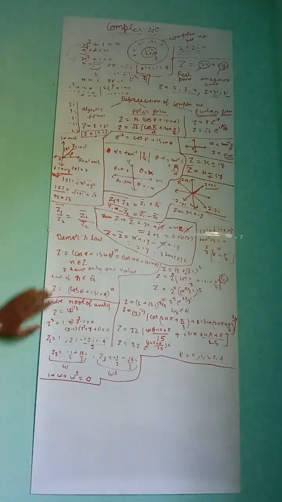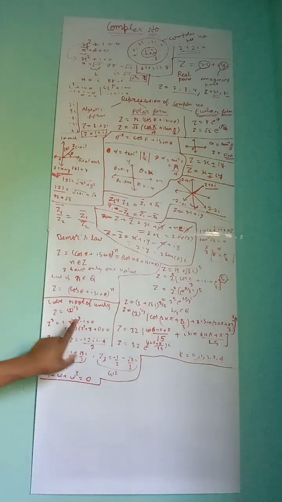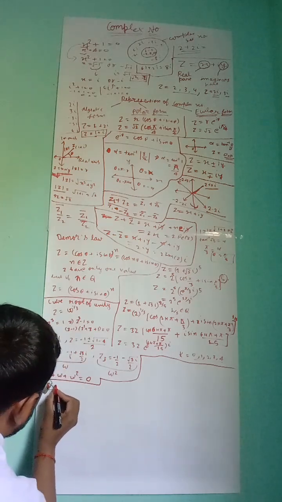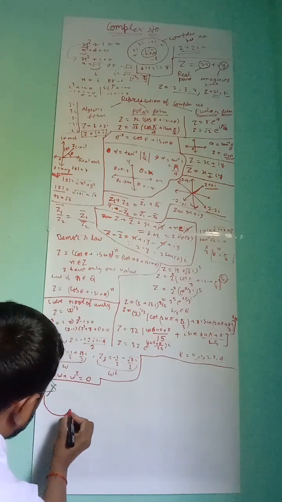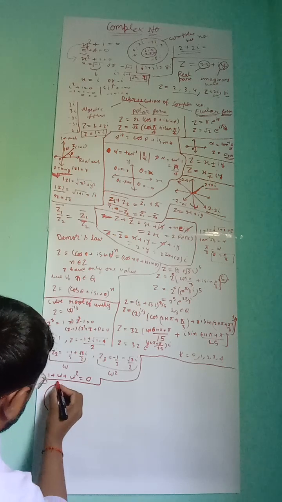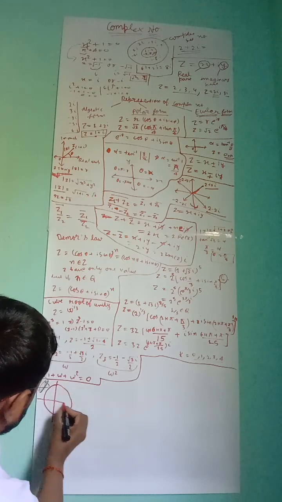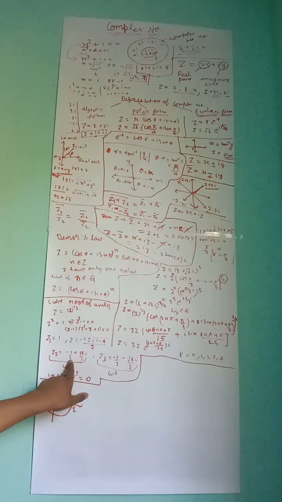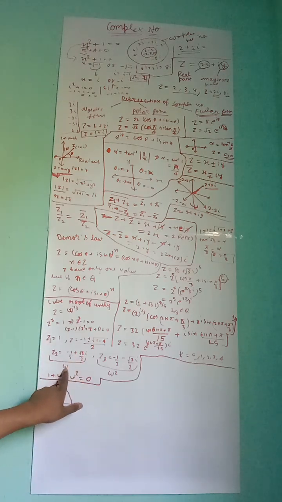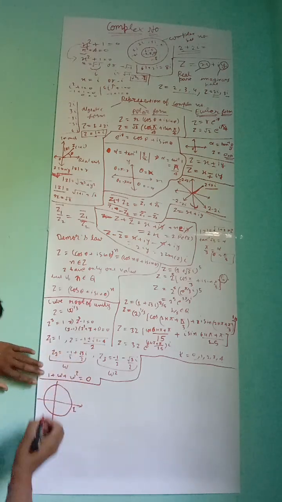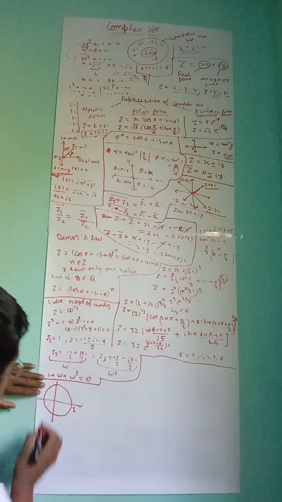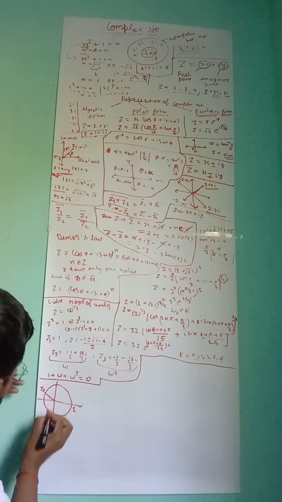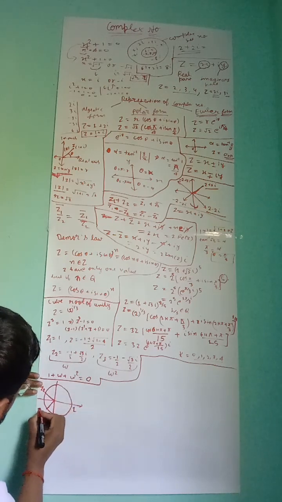Okay, now let's understand nth root of unity. And one thing more, these three numbers: this is my 1 here, Z2 lies here, and my Z3 lies here.